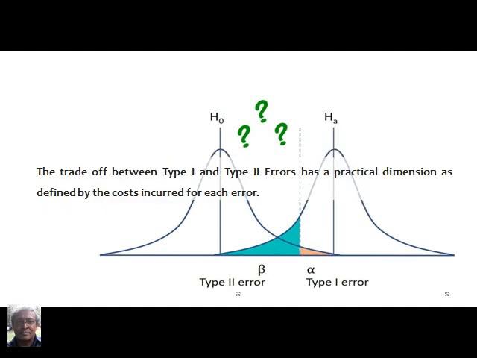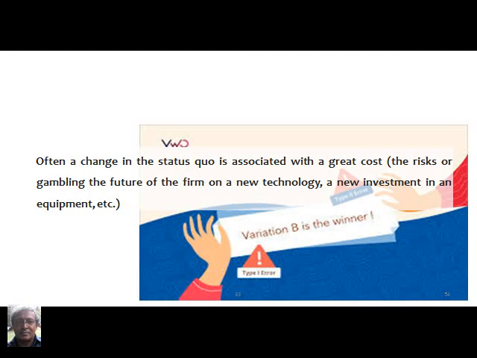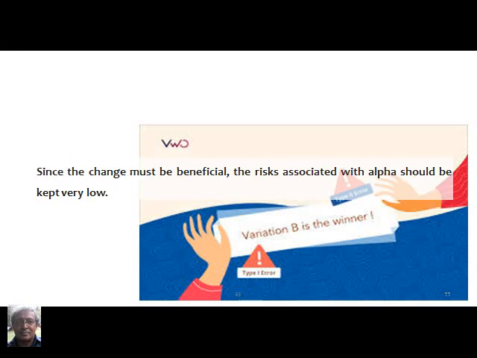The trade-off between type I and type II errors has a practical dimension as defined by the costs incurred for each error. Often a change in the status quo is associated with a great cost, the risks of gambling the future of the firm on a new technology, a new investment in equipment, etc. Since the change must be beneficial, the risks associated with alpha should be kept very low.